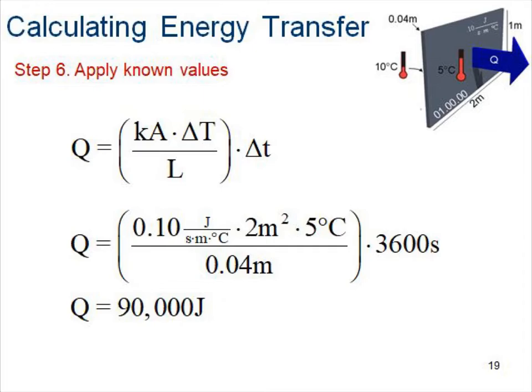Area was 2 meters squared. Delta big T was the change in temperature, which was 5 degrees Celsius. Divide that by our thickness of the material, which was 0.04 meters, and then we can times it by our change in time, which was 3,600 seconds, and we get approximately 90,000 joules.